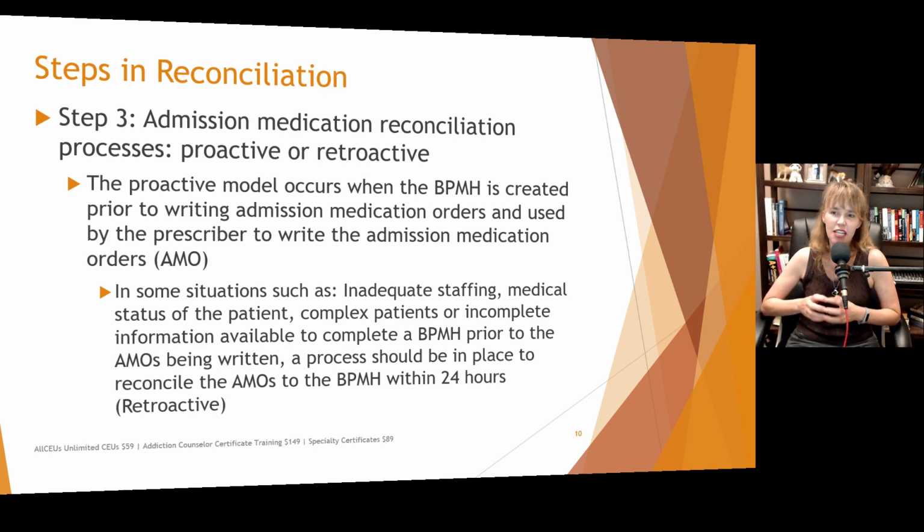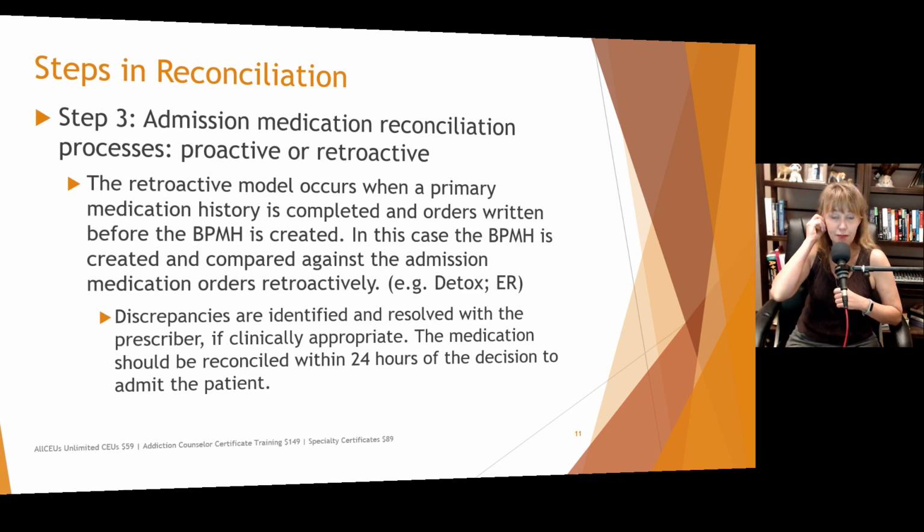In some situations, such as inadequate staffing, the medical status of the patient, maybe they're unconscious or too drunk to provide you a good record, if the patient is a complex situation or there's incomplete information available to complete a best possible medication history prior to the admitting orders being written, a process should be in place to reconcile the admission medication orders to the best possible medication history within 24 hours, which is the retroactive process.